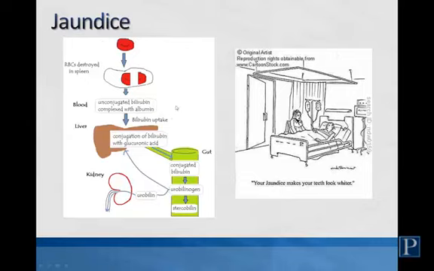With obstructive jaundice, think of what it tells you. Something's obstructed. If I had a blockage in my bile duct and I can't get rid of bile, what's going to happen is I've conjugated my bilirubin, but I have a hard time getting rid of it via the intestines.